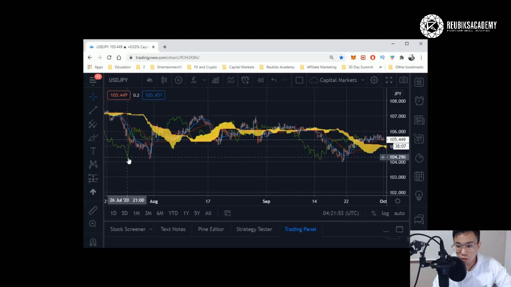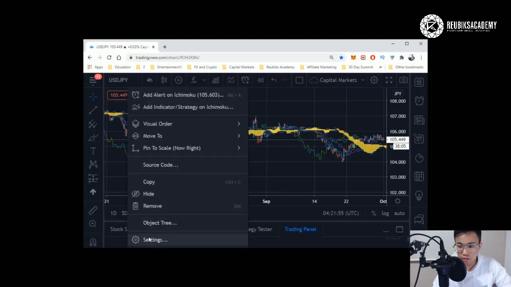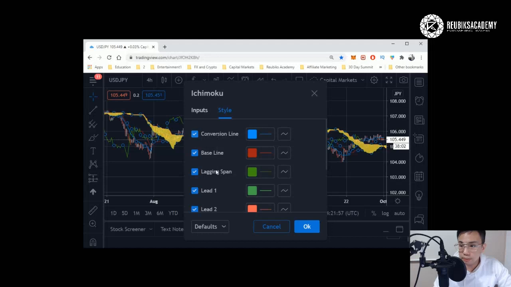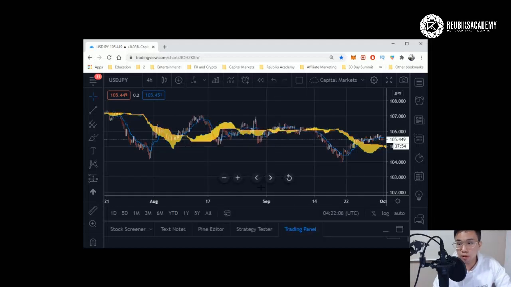So what I'm going to do is hide the green line, hide the red line, and that's it. We're going to focus on the blue line. Let me see what other lines I can hide.